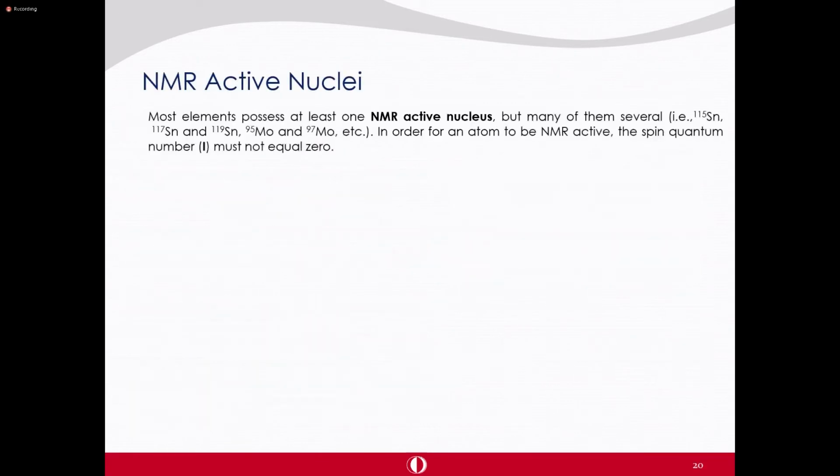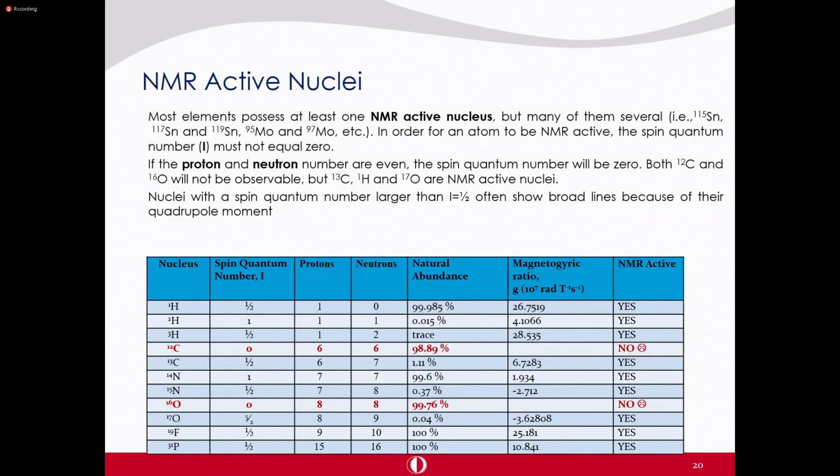So in that regard, we can talk about the NMR active nucleus. Most elements possess at least one NMR active nucleus, but in order for an atom to be NMR active, the spin quantum number must not be equal to 0. If the proton and neutron numbers are even, the spin quantum number will be 0. Both carbon-12 and oxygen-16 will not be observable, but carbon-13, hydrogen-1 and oxygen-17 are NMR active nuclei.